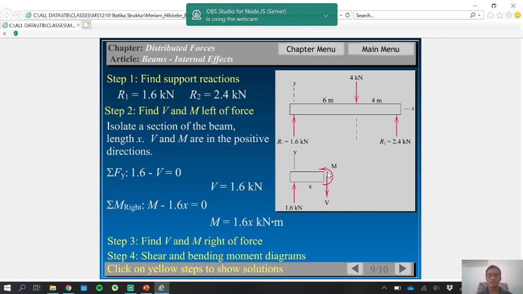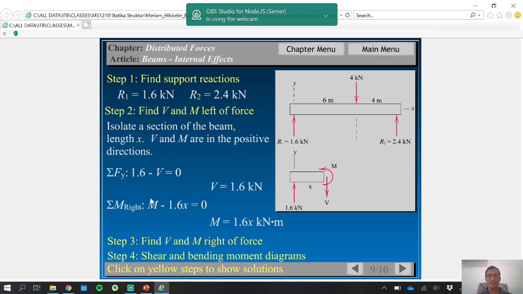Then the internal shear force, we can calculate using sigma Fy, like this. Using sigma Fy, 1.6 kilonewton going up is positive, and V going down is negative. That's why our V is 1.6 kilonewton.